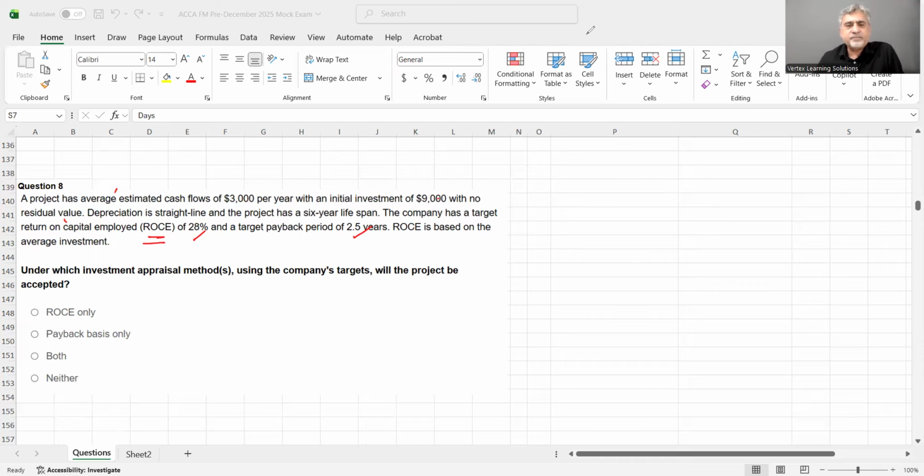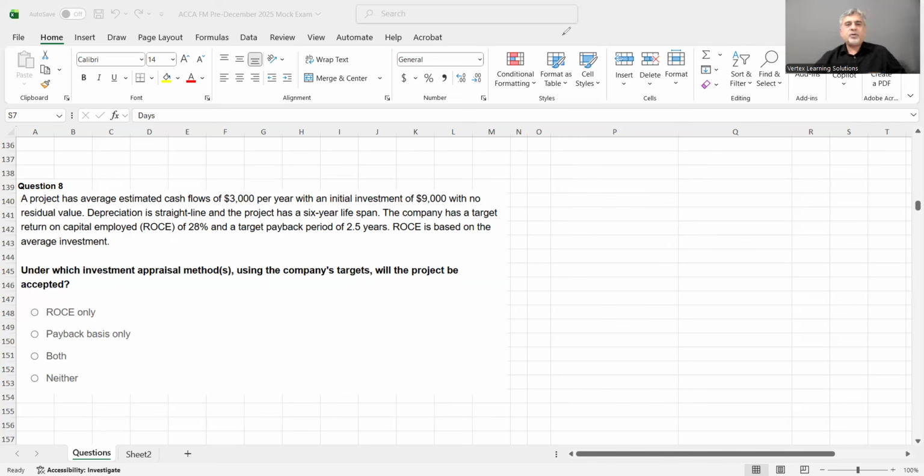ROCE is based on the average investment, which means you actually have to calculate ARR, the average rate of return. Under which investment appraisal method, using the company's targets, will the project be accepted? Does this project meet the criteria of ROCE, or of payback, or both of them?